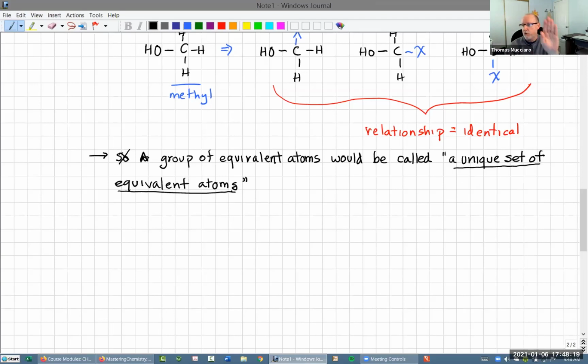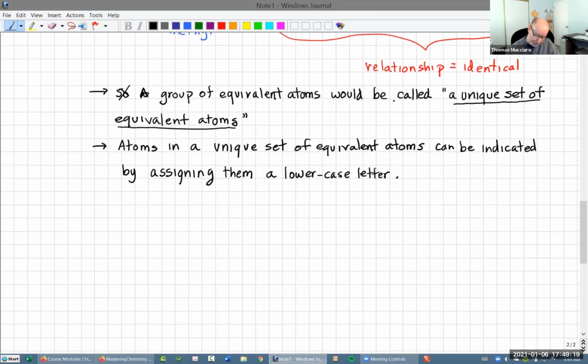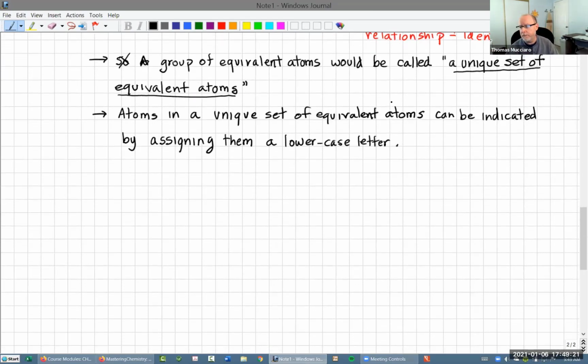And so that's why each one is a unique set, so that we can say how many there are. So what organic chemists do when they do unique sets of equivalent atoms, I'm going to show you some of these here. I'll show you an example with a little bit more complex molecule.